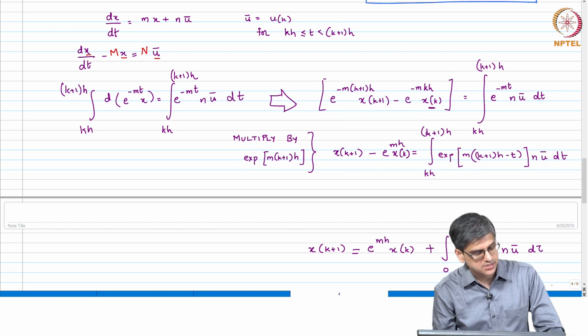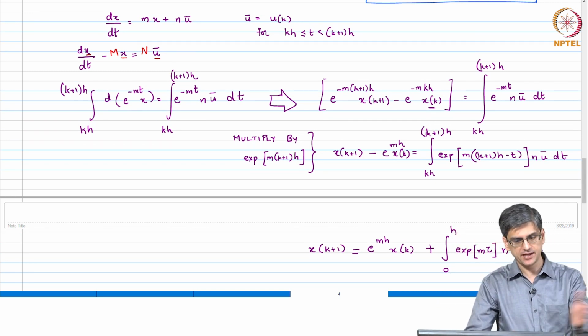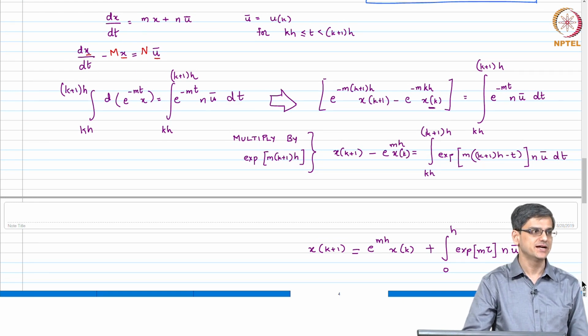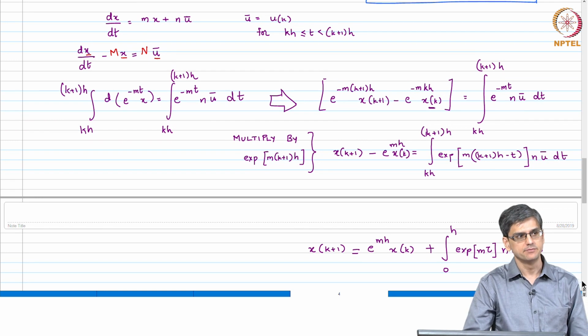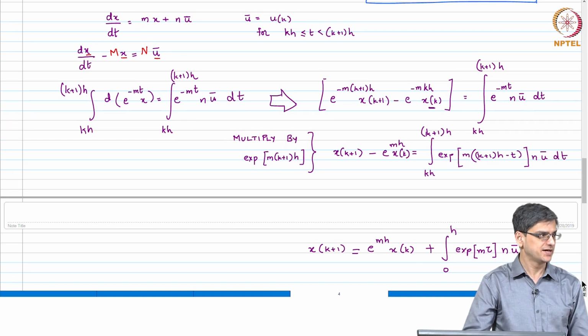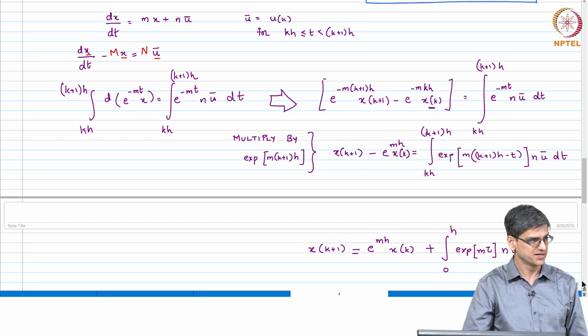If you get this, mx is on the other side, you are going to pre-multiply by e to the power minus m t. Okay. The way in which you multiply matters. You cannot post multiply it, you have to pre-multiply it.